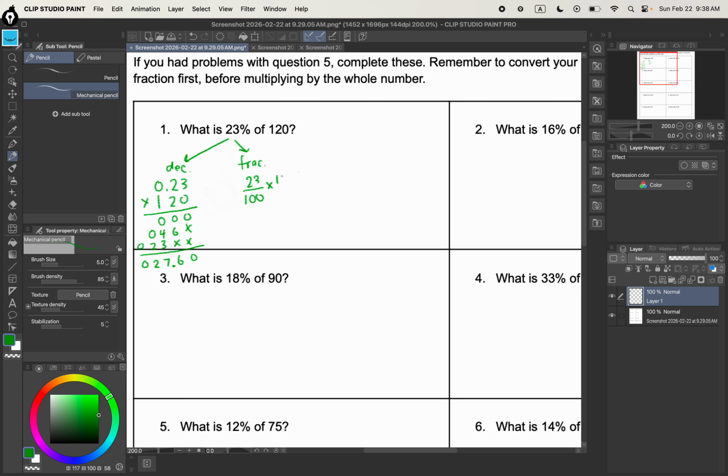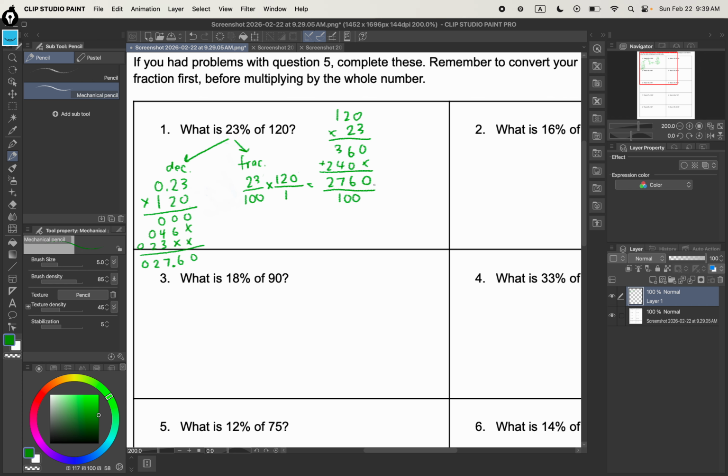If I multiply by a fraction, I put my whole number over 1. This is a really big number, which is kind of why I don't like doing fractions. But we gotta do it, if that's what you choose. Okay, so 3, 6, 3, placeholder, 0, 4, 2, add it together, I will get 6, 7, 2 over 100.